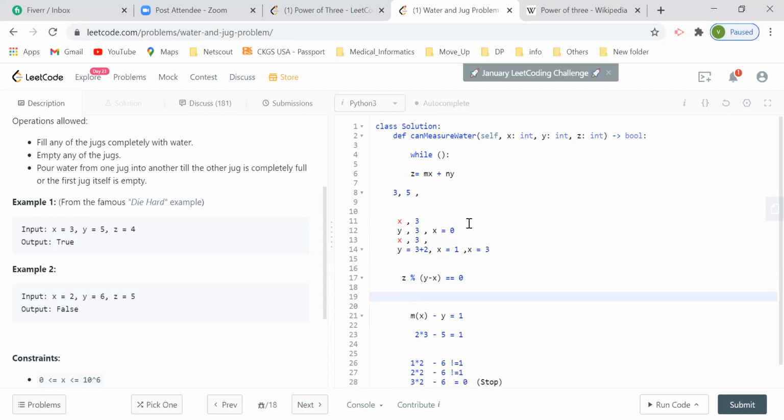I mean, Z modules that Y minus X, the only part in your equation that is wrong is that Y minus X. That's not how we get what's the unit that we can measure. It's not Y minus X that's simple. So you have to replace that Y minus X with something. So you have to think about that.